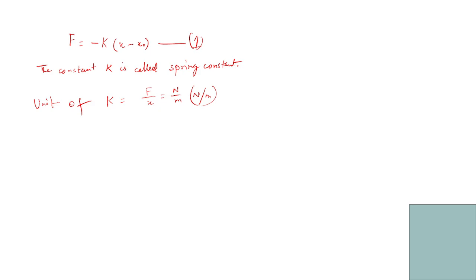That's how we define k. And if we talk about the dimension, dimension of k is the dimension of force, that is M L T to the power minus 2, divided by the dimension of displacement, that is L. So we get M T to the power minus 2. This is the dimension of the spring constant k.